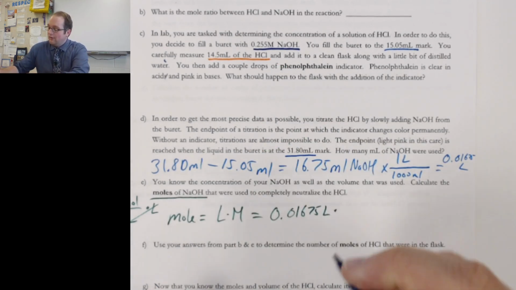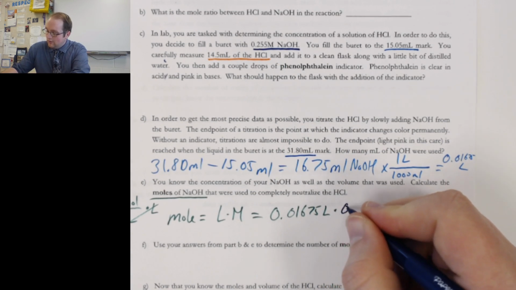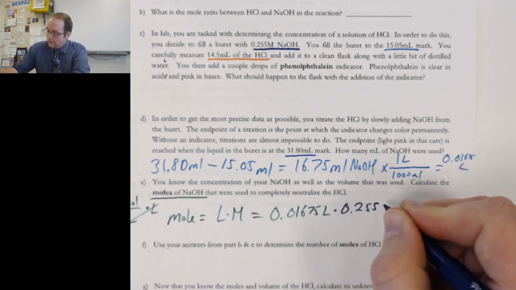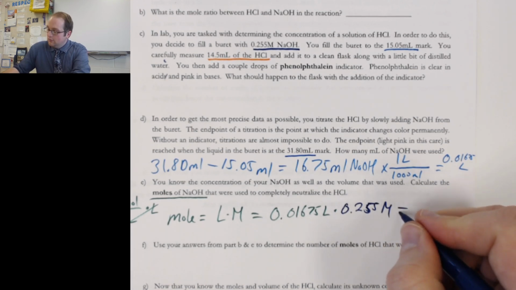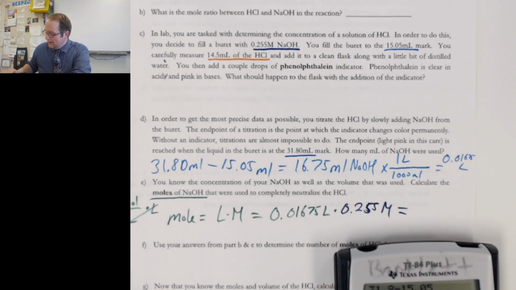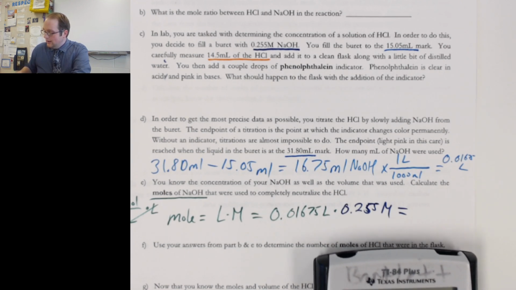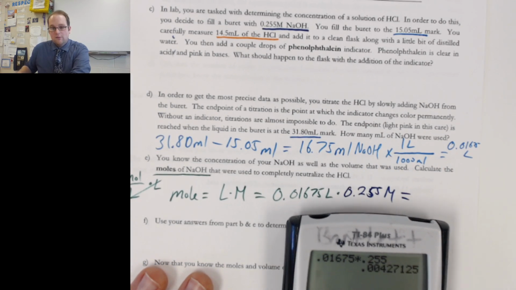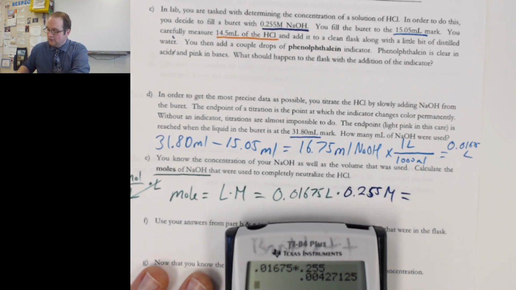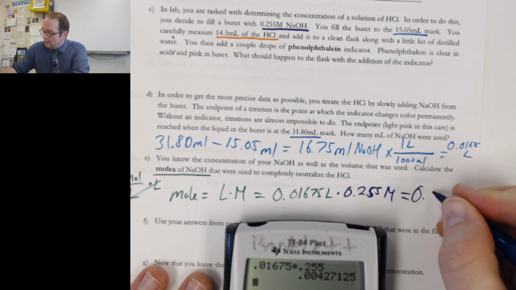We were focusing on the molarity of our NaOH. That's 0.255 molar. These two will cancel, and they'll tell me exactly how many moles I have. I hope when I'm typing in my calculator, if you're struggling, you are also typing in your calculator to work with me, and I end up with an amount of moles of 0.00.